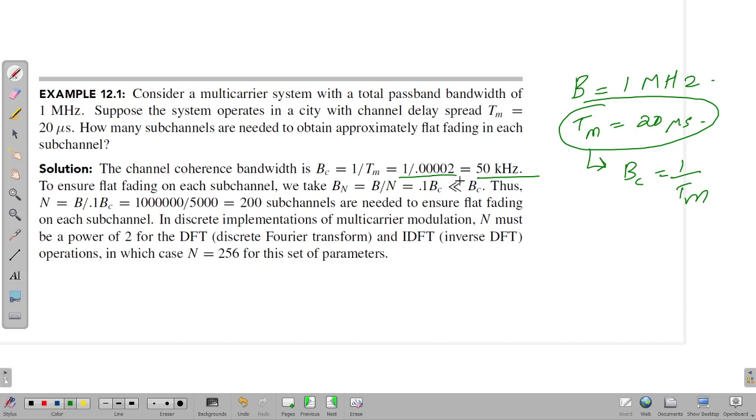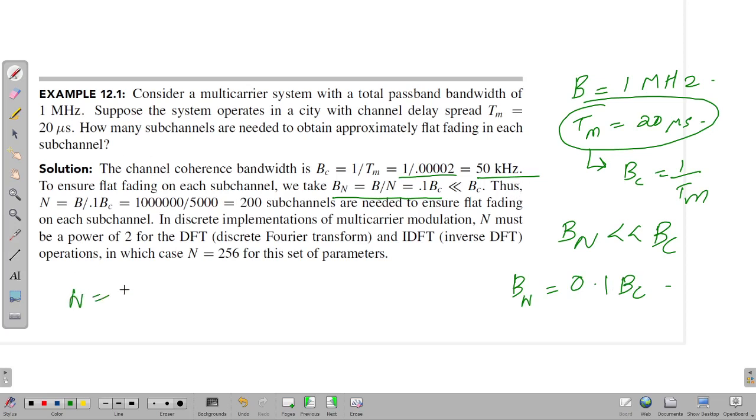You have to design the system in such a way that your subcarrier bandwidth Bn is less than Bc. For that, I take the condition Bn is equal to 0.1 Bc. Thus, what is N?